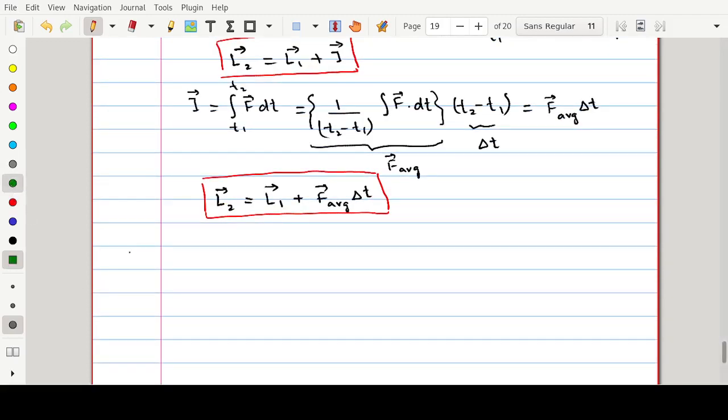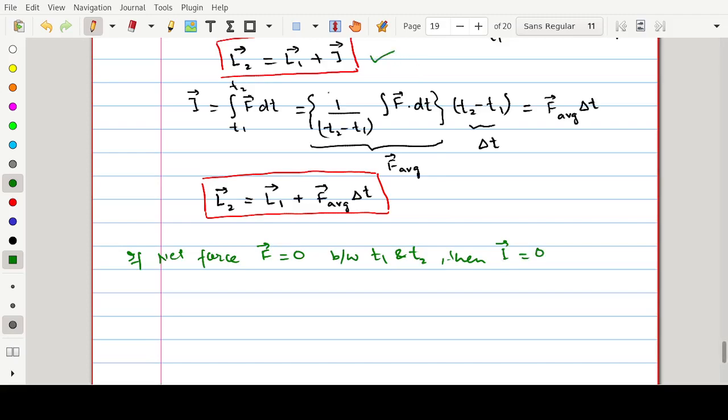Now if the net force F acting on the particle is 0 between t1 and t2, so there is no net force acting on the particle in this interval, then impulse I will be 0.